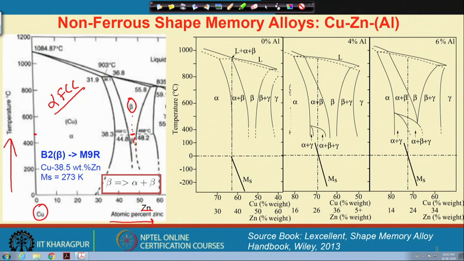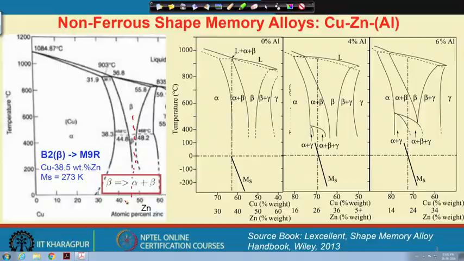Since the beta phase shows shape memory behavior, you can always ask why not simply take such a composition. Unfortunately, beta is a very brittle phase and there is no practical use of it.